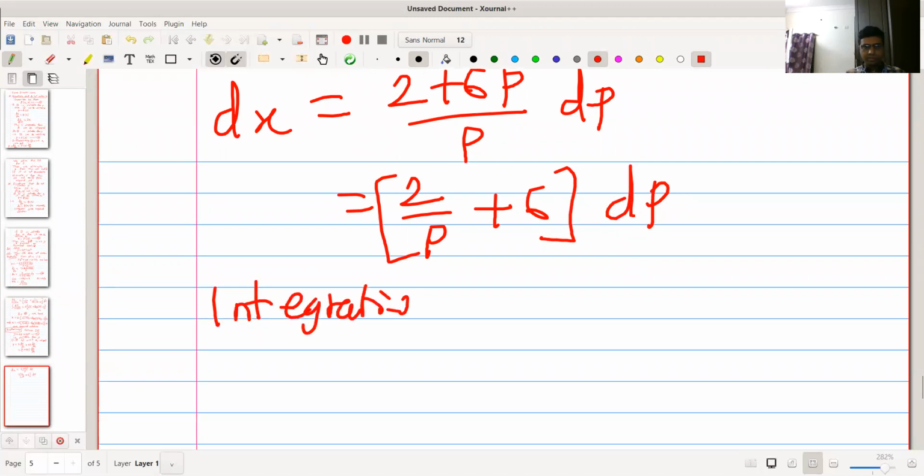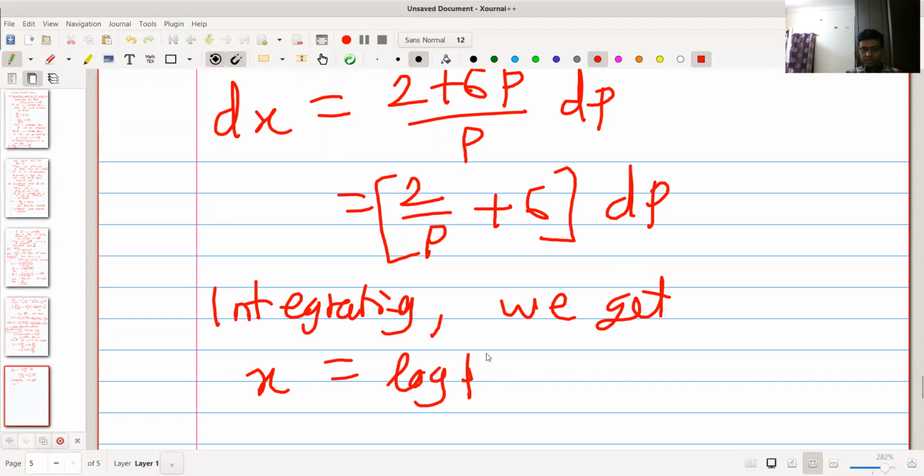Integrating, we get x equal to the integration of 2 divided by p, which is 2 times log of p or log of p square, plus 6p, plus a constant of integration.